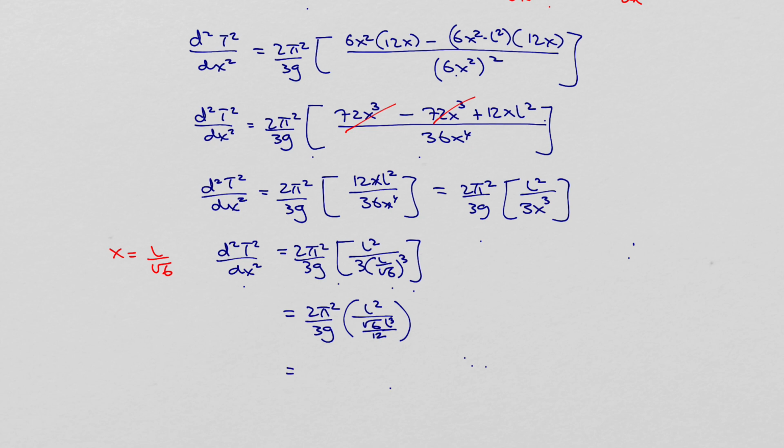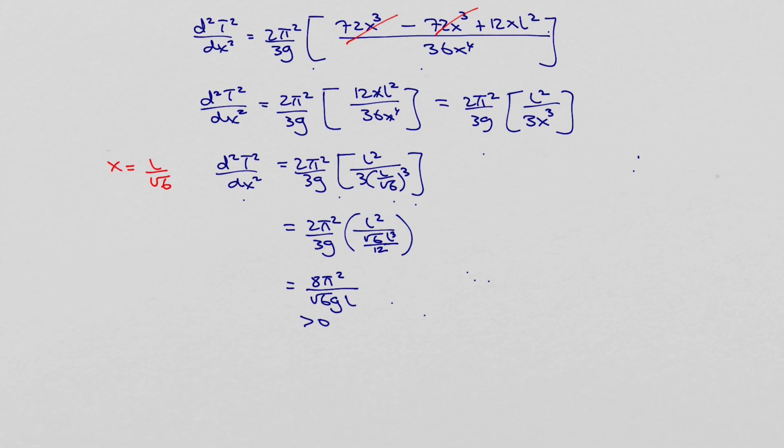And then that simplifies down to 8 pi squared over root 6 g L, which is greater than 0, hence minimum at x equals L over root 6.